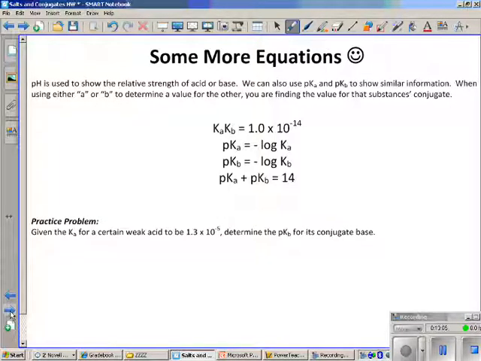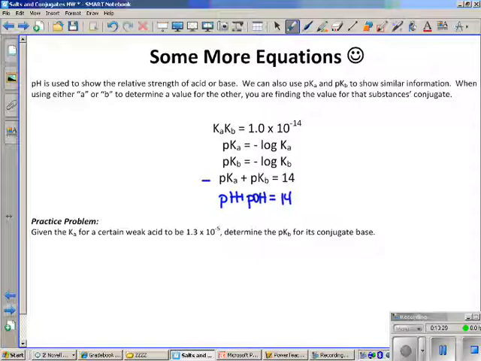You'll notice they're very similar to the ones we did in class today. The ones we did in class today were all about H plus concentration and OH minus concentration. Well, these ones are all about Ka and Kb, but they're very closely related, which should make it easier to memorize them. For example, you know that pH plus pOH equals 14, and pKa plus pKb equals 14.